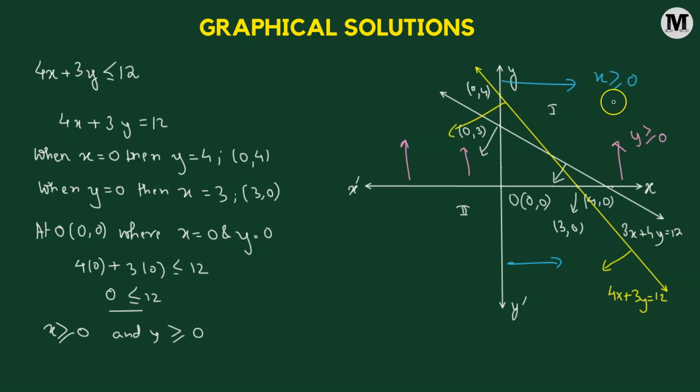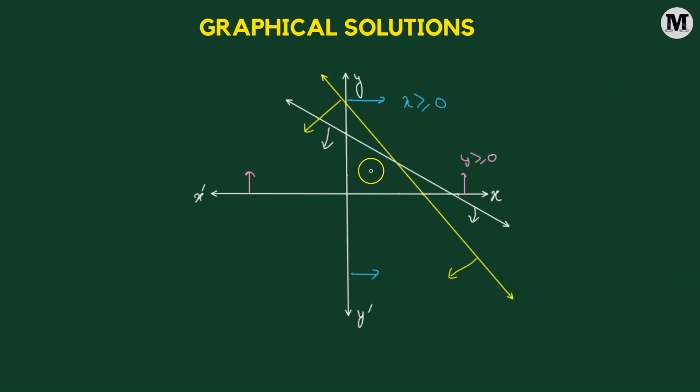Now our task will be to combine all of these solutions. To find a common solution that satisfies all the four inequalities, we're going to shade the region. If we pick any point from this particular region, it's going to satisfy the system of linear inequalities. This region satisfies the condition that any point we pick lies below the line 3x plus 4y equals to 12.